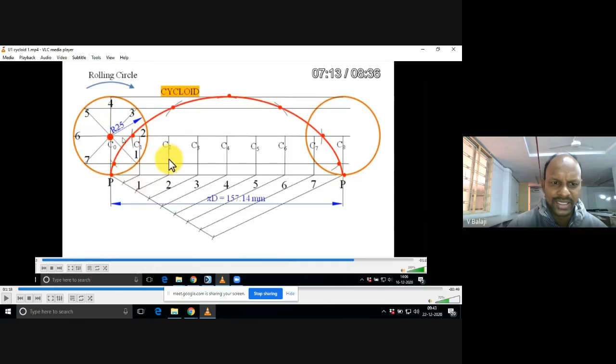C2, cut the second line passing through 2, 6. You will get the second arc on the 2, 6 line. You will find one more generating point. Like that, are you able to make it?